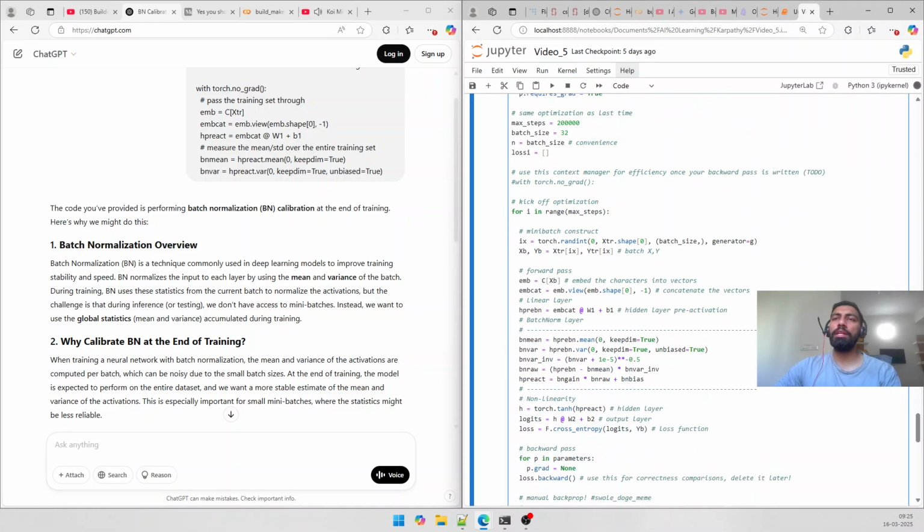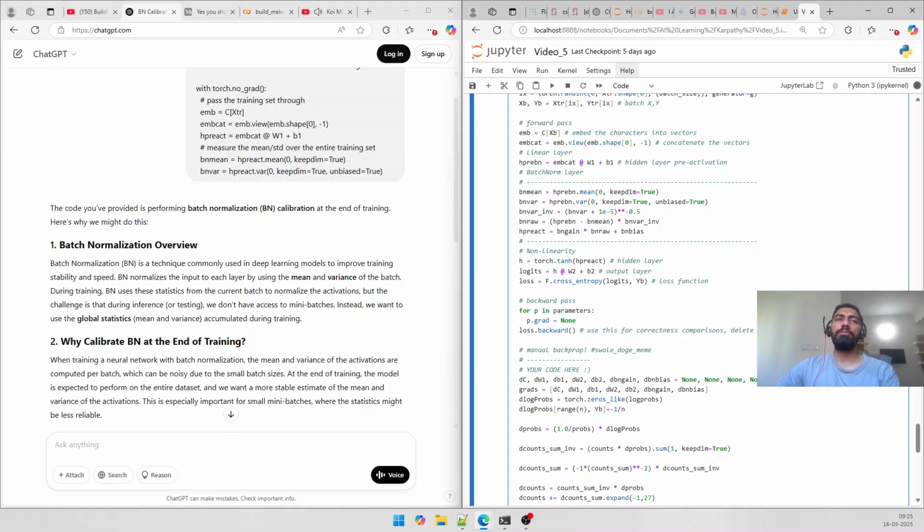So all the mean and everything that were getting calculated as part of batch normalization was the mean and variance of the batch. Now he's saying when we are trying to do inference, why do we need to do that?